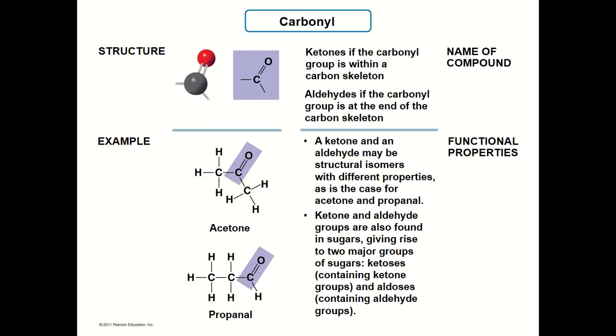Then the second functional group is the carbonyl group. In the structure of the carbonyl group, oxygen forms a double bond with the carbon backbone. As you can see in the example, we have acetone, in which the carbonyl group is attached to the middle of the carbon backbone.